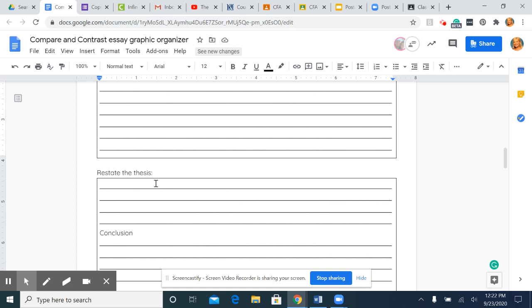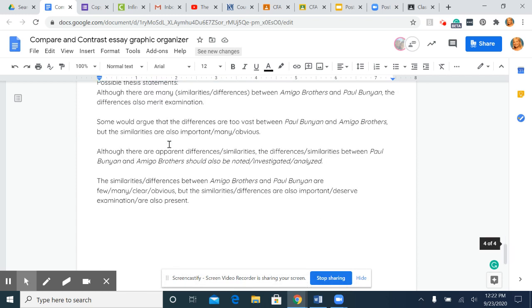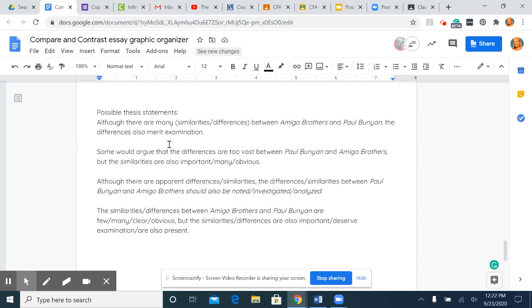Then you're going to restate your thesis. So for example, I'm going to scoot back down here to those thesis things. Here we said, let's just go with this first one. Although there are many similarities between Amigo Brothers and Paul Bunyan, the differences also merit examination. Maybe that was my original thesis.